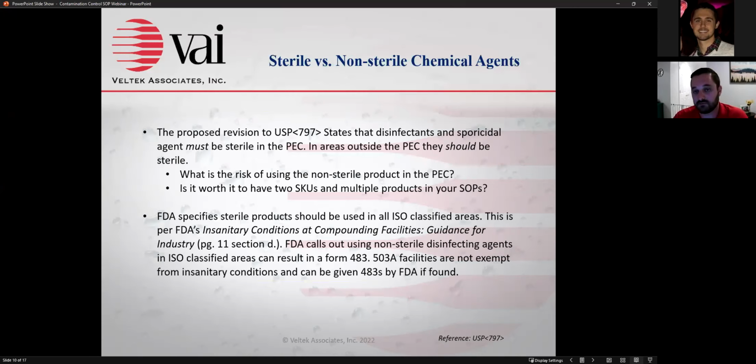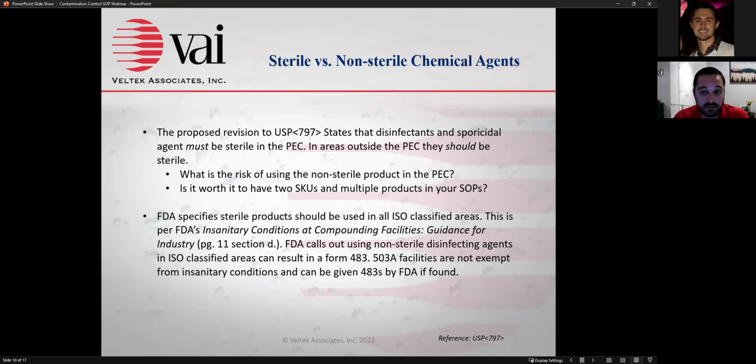That just eliminates the risk of any cross-contamination, using the wrong product in the wrong area, and having to write some type of deviation or come up with an action plan to remedy the situation. And then, is it worth having multiple products to order depending on if it's in the ISO 7 and 8 versus the ISO 5? If you can have one SKU to order for all areas, that is an ideal situation. So those are two things to consider.